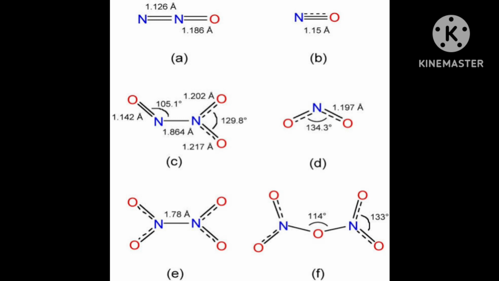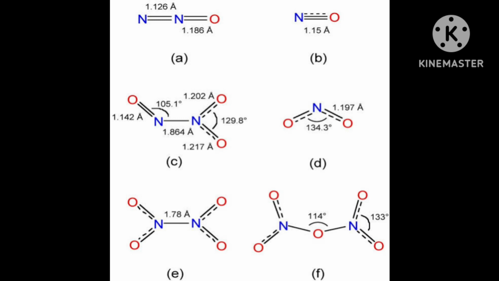Again you can count the electrons the same way. Double bond means 4 electrons, and 2 lone pairs on the oxygen, so 4 plus 4, 8 electrons. And the second N, O bond is a single bond, which means 2 electrons, and 3 lone pairs are there on that oxygen. Then 6 plus 2, 8 electrons.